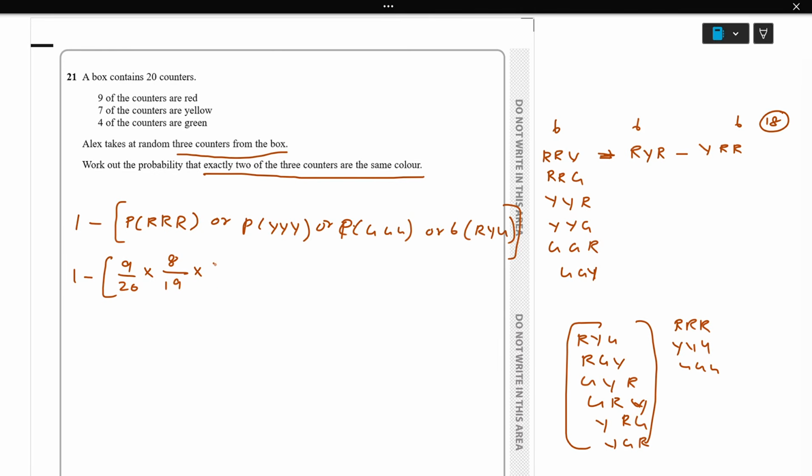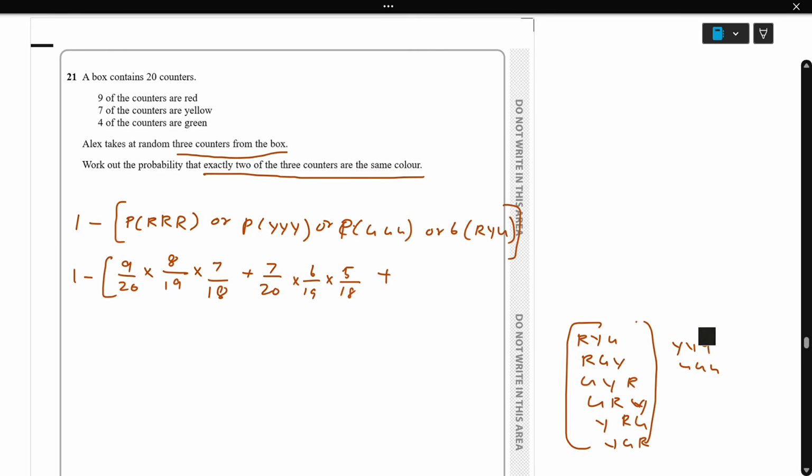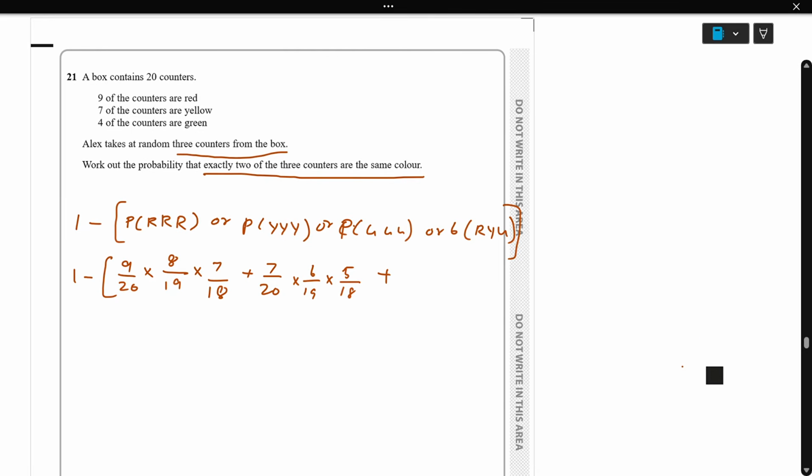So 1 minus probability of R. There are 9 red counters, so first 9 over 20. Next one, one is already picked, so it's going to be 8 over 19 and then 7 over 18. Plus Y, there are 7, same thing, 7 by 20 times 6 by 19 times 5 over 18, then again R plus green.